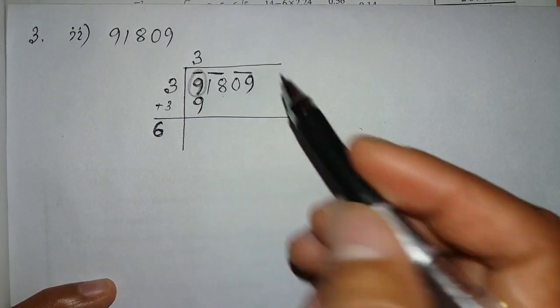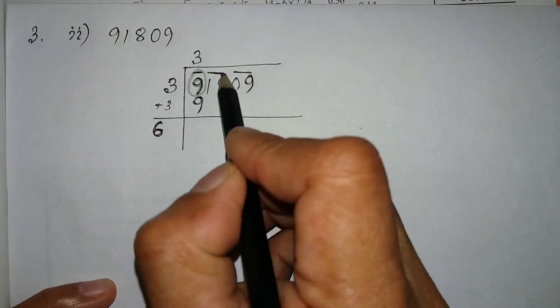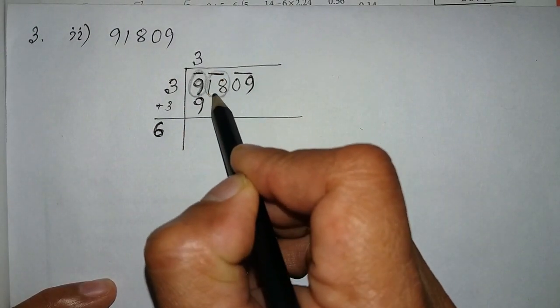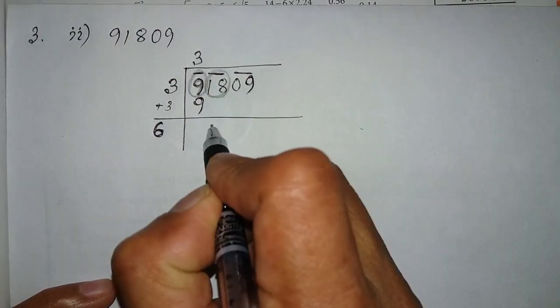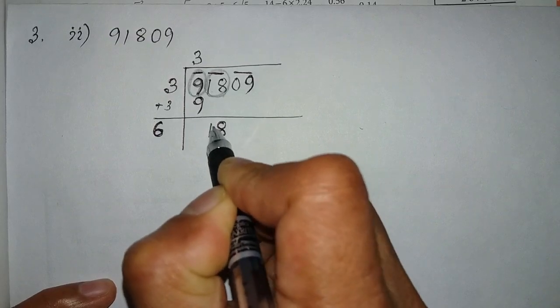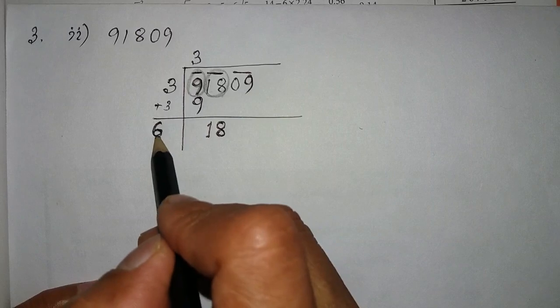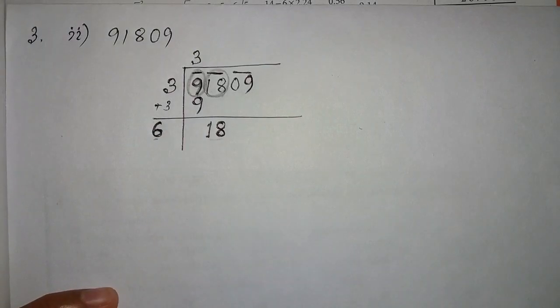Now after this, you will take down the digits below the next bar. Here in this bar we have 18. Now this is 6. Now there is one thing here.